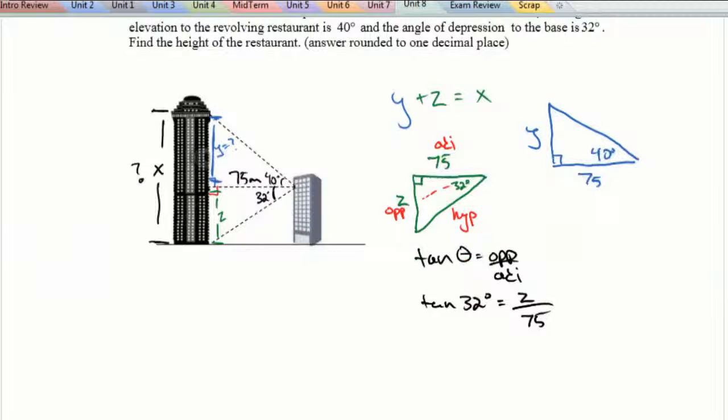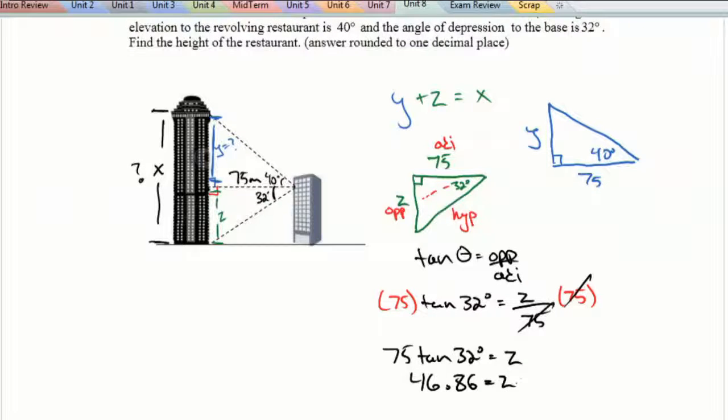Then I will multiply both sides by 75 to get rid of it in the denominator. And I can plug it into my calculator to figure out what 75 times the tangent of 32 is. So 46.86. So that's the first part.